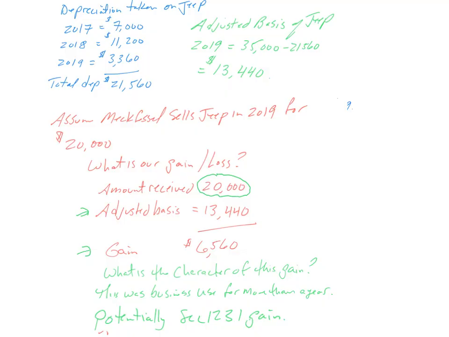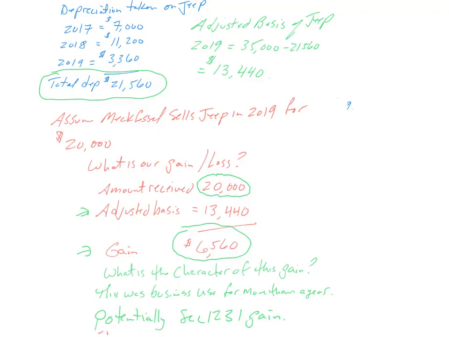If this gain were to automatically be treated as a long-term capital gain, then that would potentially be double dipping. And we can see that in this situation, our total depreciation that we took through the years is over $21,000. Our gain is less than that total amount of depreciation.